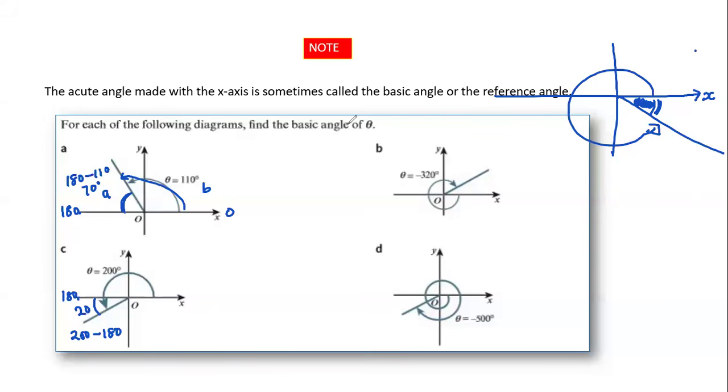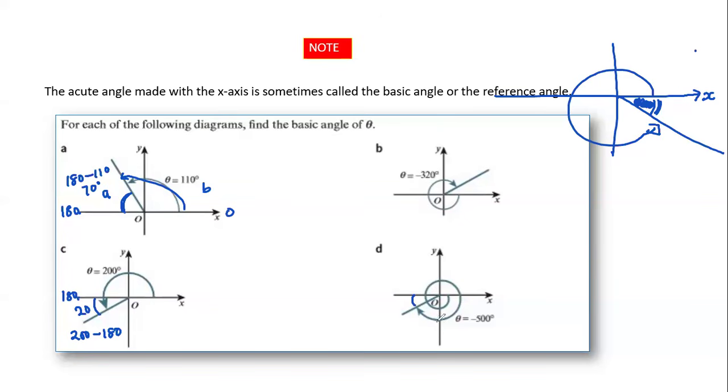Okay, Hannah? Yes, sir, on part D. The theta first moved 360 degrees. Then after moving 360 degrees, did it add the 140 degrees going anti-clockwise?